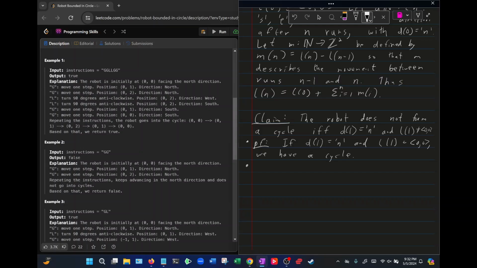Here's another case. Suppose D1 is S. So our intuition here is, we talked about this already. When the direction after one run through the instructions is south, then basically what happens is that after the second run through the instructions, you undo everything you did in the first instructions because you're going in the reverse.